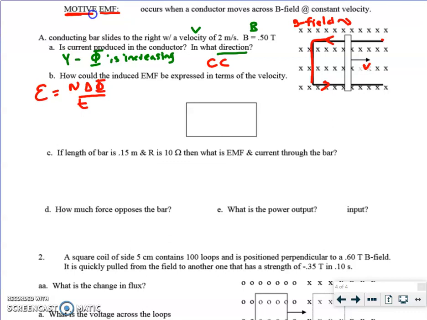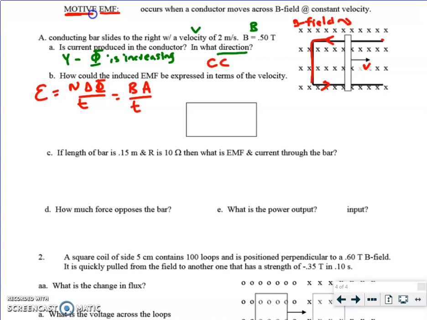Now, this is just one loop, so N is 1, but we could keep it in there if there were multiple loops. So let's look at the phi. Phi, by definition, is the product of B A times the cosine of the angle between the magnetic field and the normal to the face. I'm just going to ignore the cosine theta part, all over t.